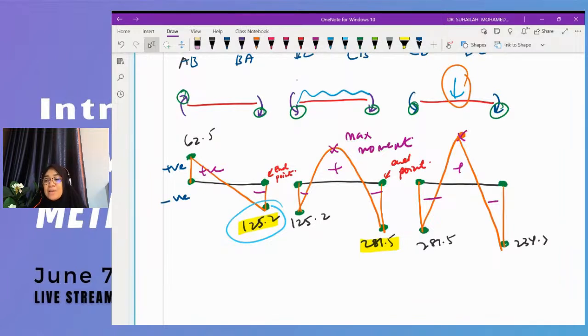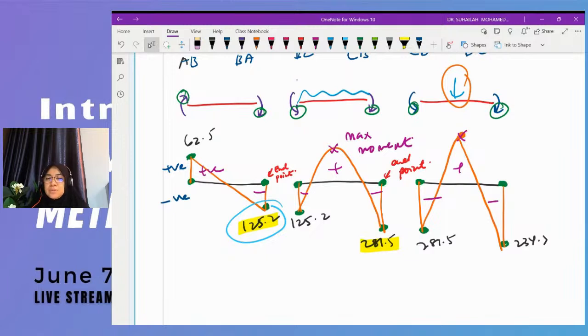And for the value of the maximum moment for members BC and CD, we have to calculate from the shear force diagram, because the area of the shear force diagram represents the moment value.